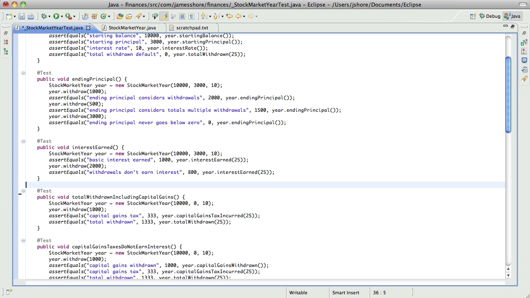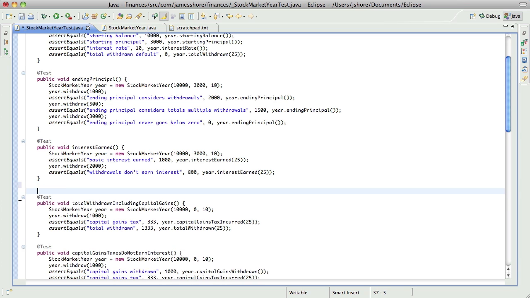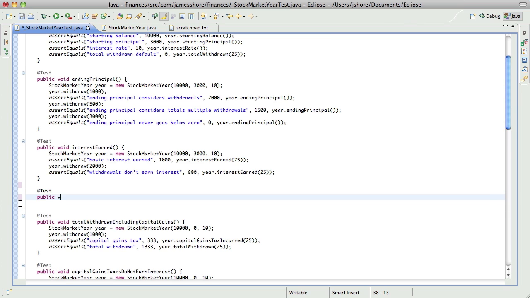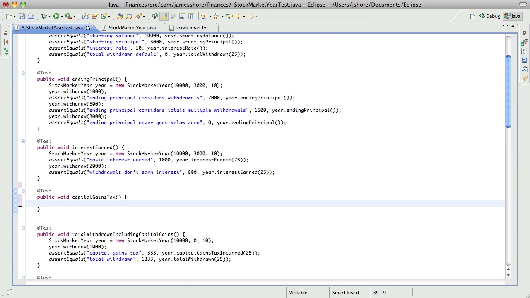Let's actually do capital gains as a chunk. I think capital gains are interesting. So are one of the hardest things here. So capital gains tax, of course. So let's look at that.